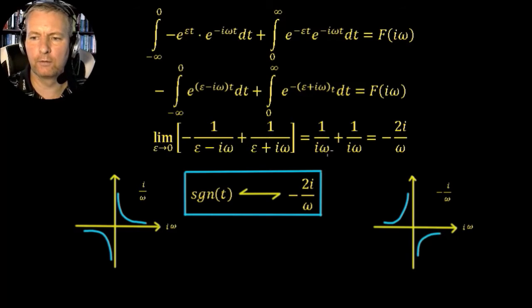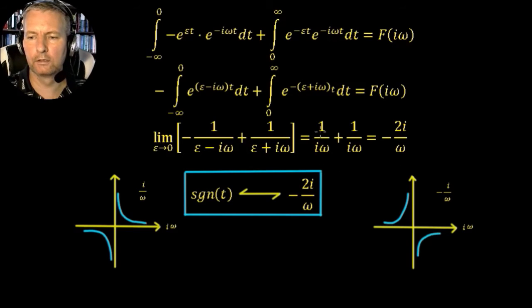So when you add both of them up, you end up with the value of 2 upon i omega. When we divide by i, it's the same as multiplying by negative i, so we can take that i up and it becomes minus 2i upon omega.